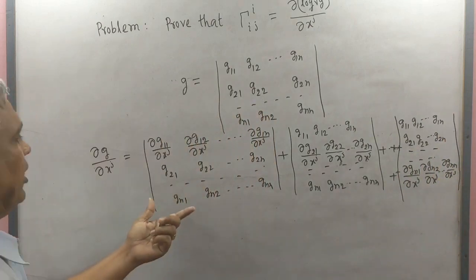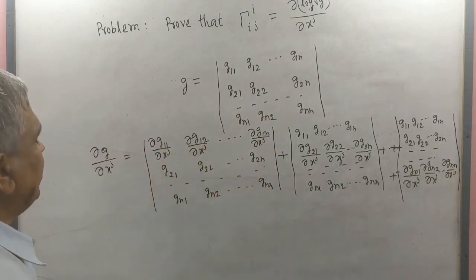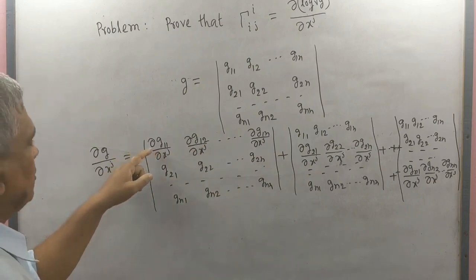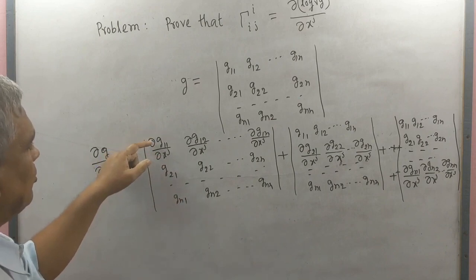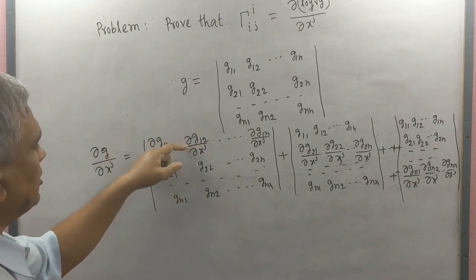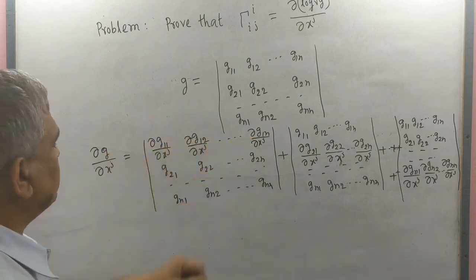Now we find the value of this determinant: cofactor of this place into this, plus cofactor of this place into this, and so on.